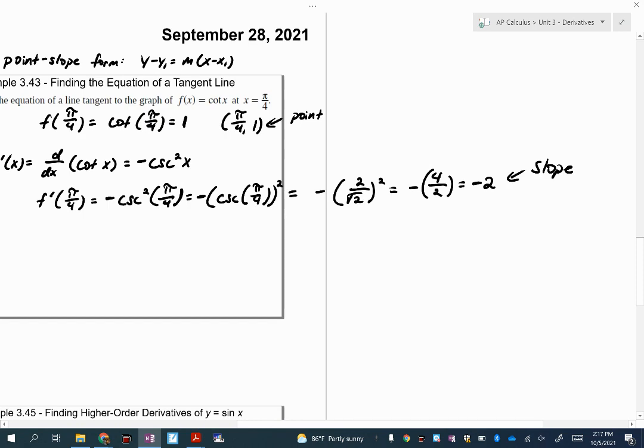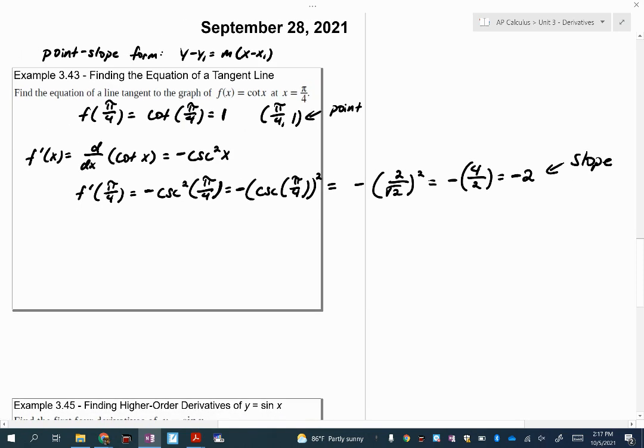So now I'm going to use point slope form to find the line. So we have y minus y sub 1 equals m times x minus x sub 1. So y minus 1 equals negative 2 times x minus pi over 4.